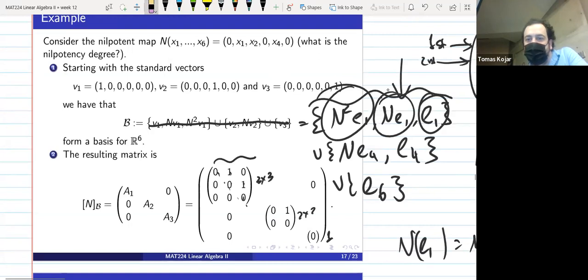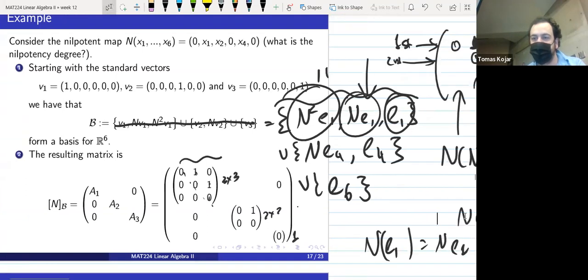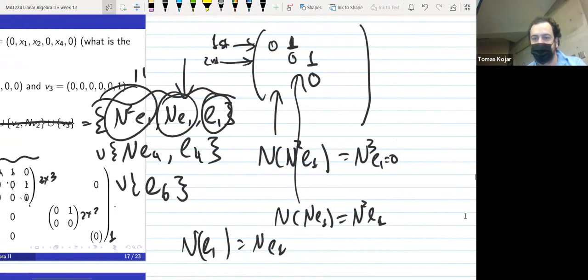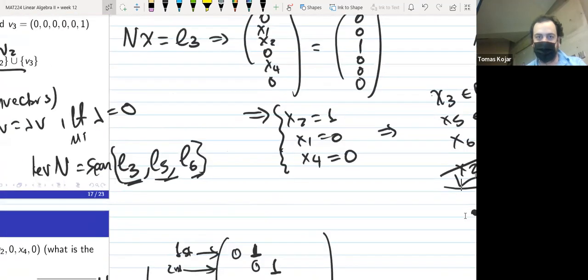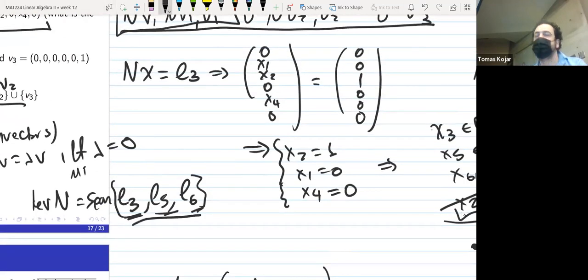So in this cycle, the very first entry was our basis, our eigenvector. We generated 3 vectors, right? Where were they? E3, E5, E6.